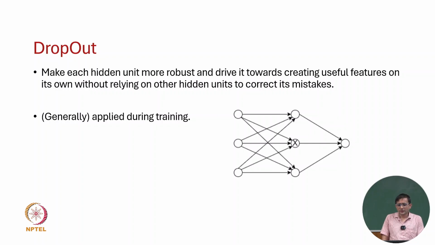As you see, some of the neurons are randomly dropped. You can specify a percentage of neurons to be dropped. Generally there is an exception, which we won't discuss right now, but our assumption is that dropout is applied during training only.